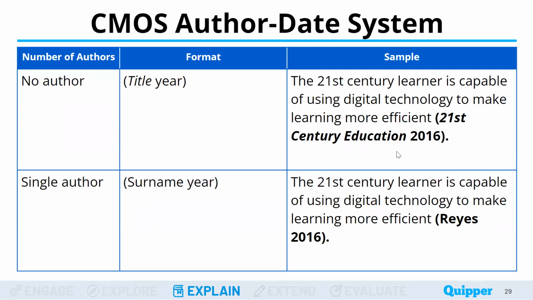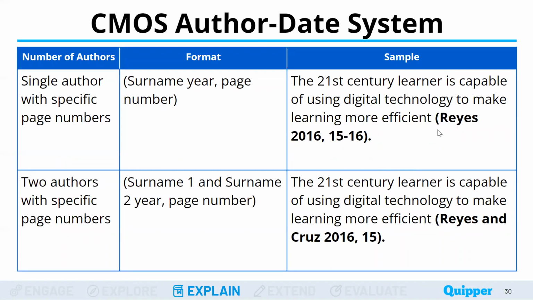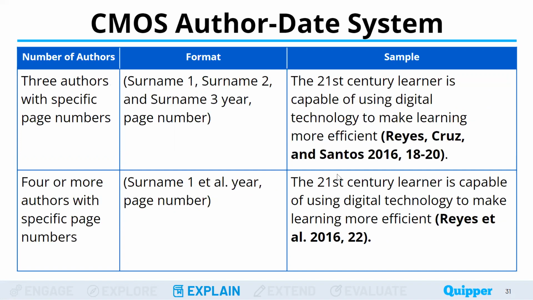And then yung page, and then yung site kung saan mo siya nakuha. Okay, so kung ito naman, mapapansin mo, walang comma. Diretso siya, 26 Reyes, 2016. Kung ito naman, gusto nilang i-include pa yung page: Reyes, 2016, page 15 to 16. Or pwede rin i-represent na Reyes and Cruz 2016, then yung page doon.